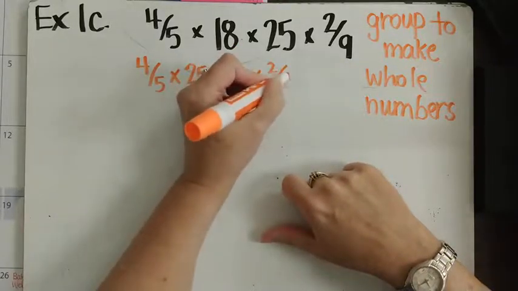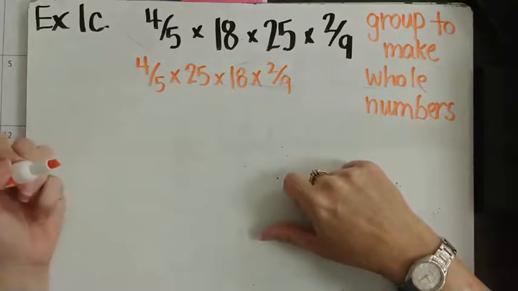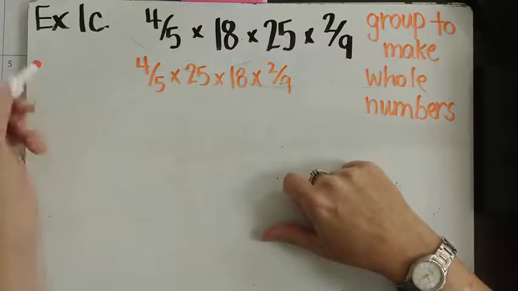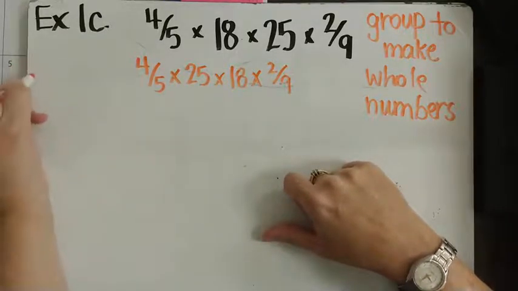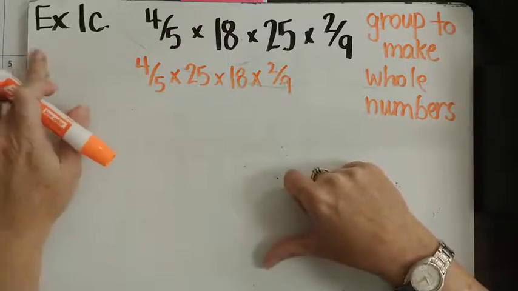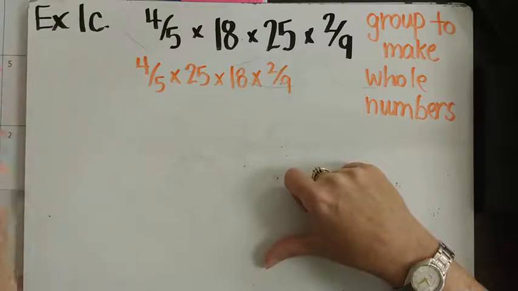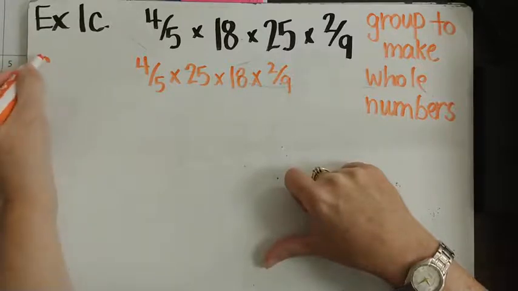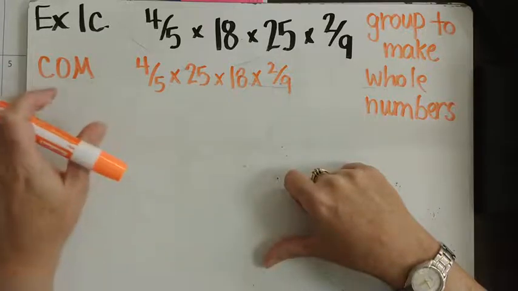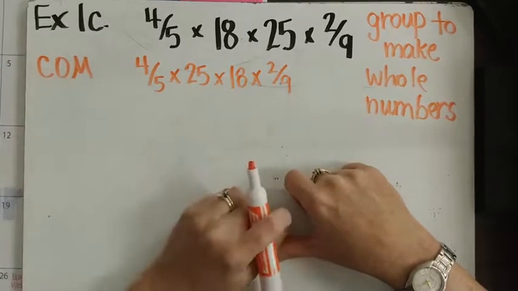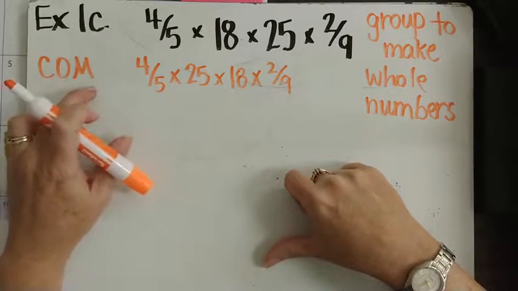There is a property that says when you're multiplying, you can change the order. Let's start again. When you rearrange the order, that's commutative property of multiplication. And you can just give me 3 letters, commutative property of multiplication.